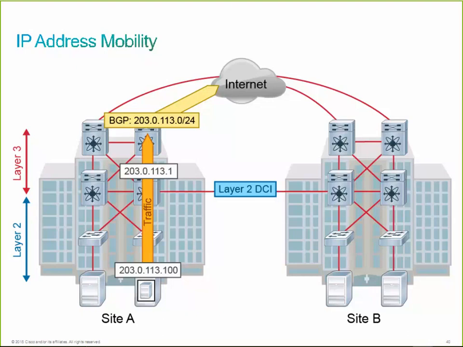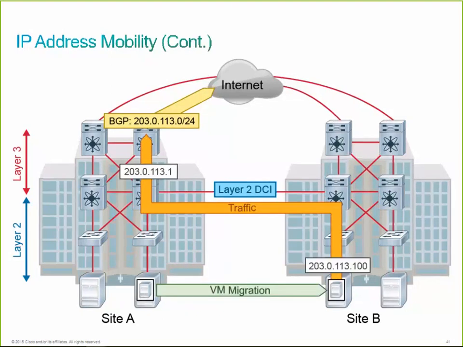We want to have that functionality, or the ability to migrate that VM to the other site. But when I try to migrate that VM to the other site, I have to keep the IP address.